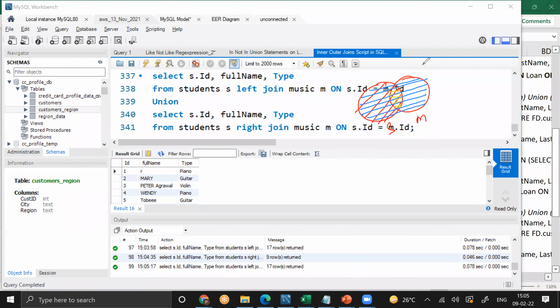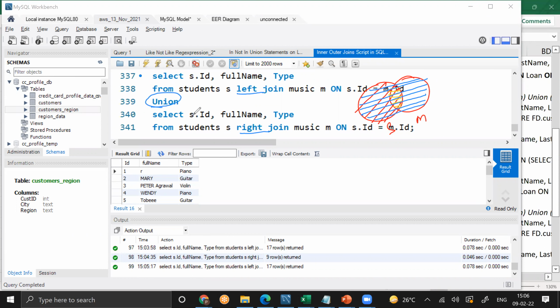Here, the intersection part will be counted only once because of this union. Right? So did you understand how easy it is to do with left join, right join, inner join, and also full join?